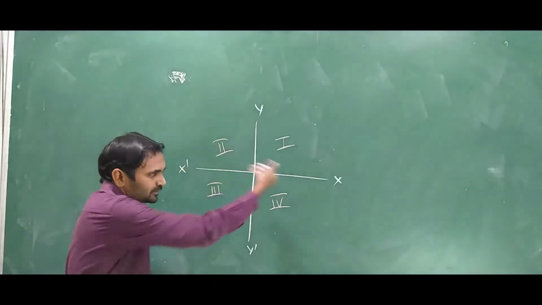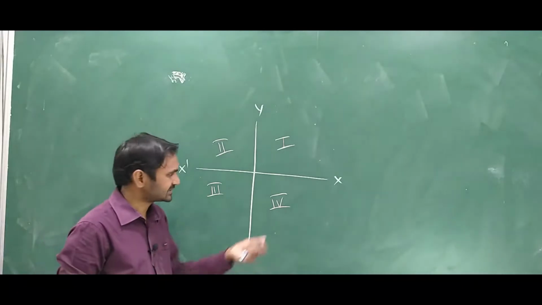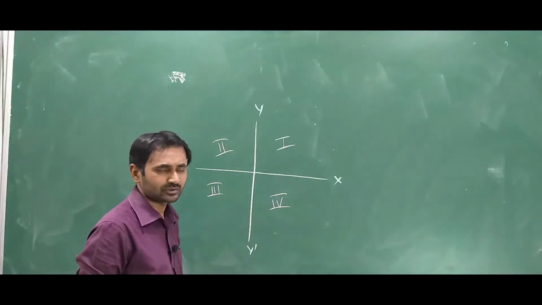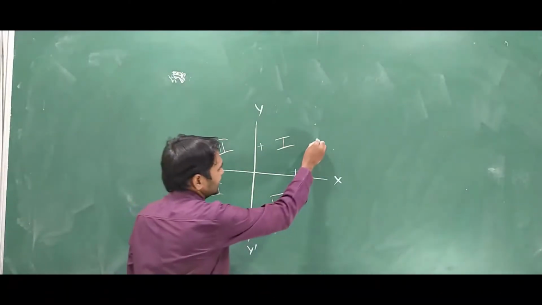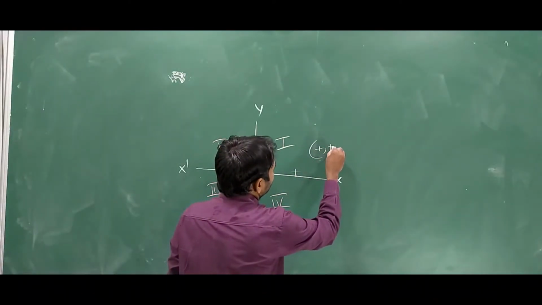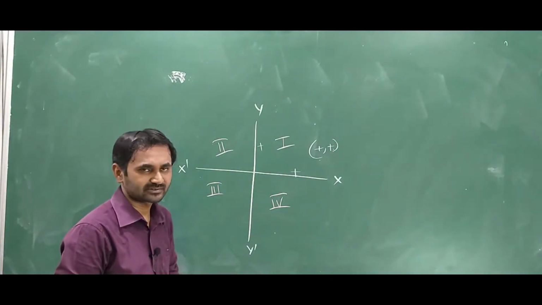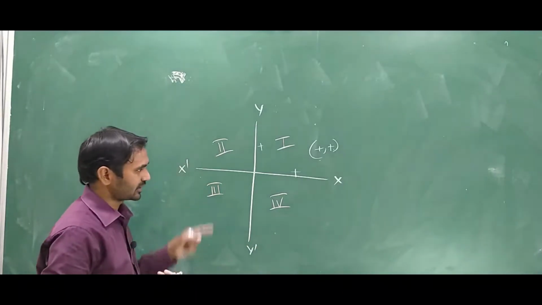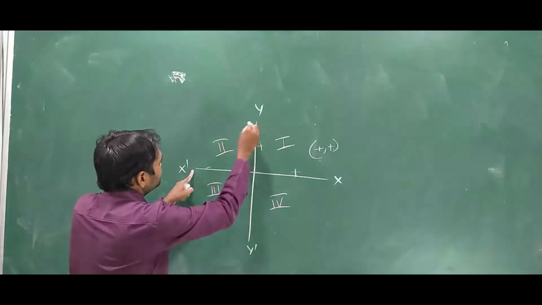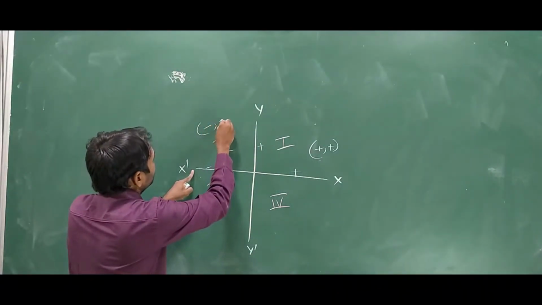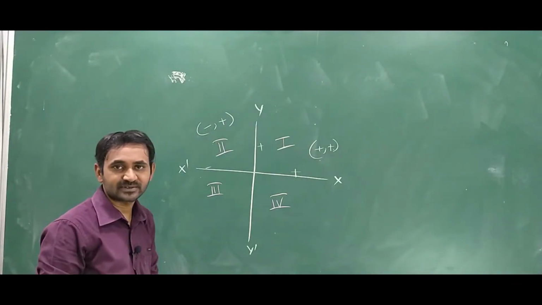I'll show you in the video how to resolve them. Now in the first quadrant x and y both are positive, so everything will be plus and plus. Coming to the second quadrant, x is negative and y is positive, so you get minus plus.